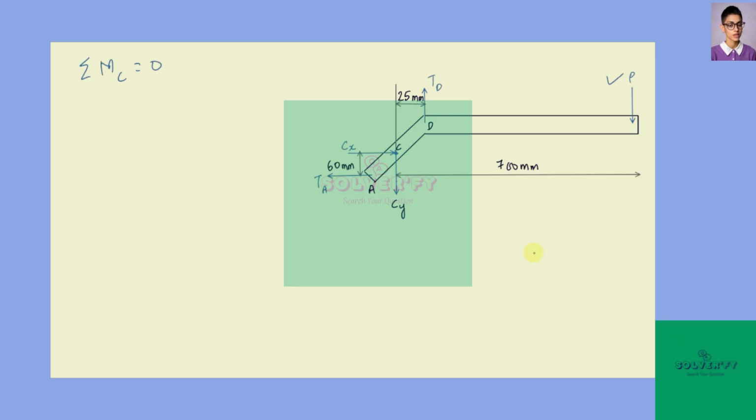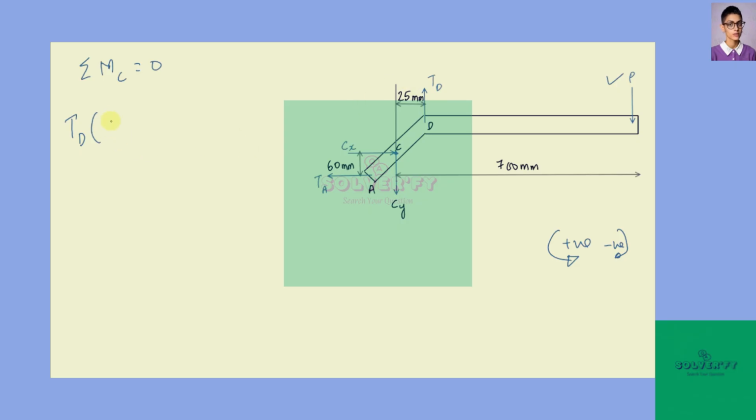Now the moment in the anti-clockwise direction we'll take to be positive, and in the clockwise direction we'll take to be negative. So first is this one, TD times this, which is in the anti-clockwise direction, so we take it to be positive. So TD times this horizontal distance between point C and D, which is 25 mm.